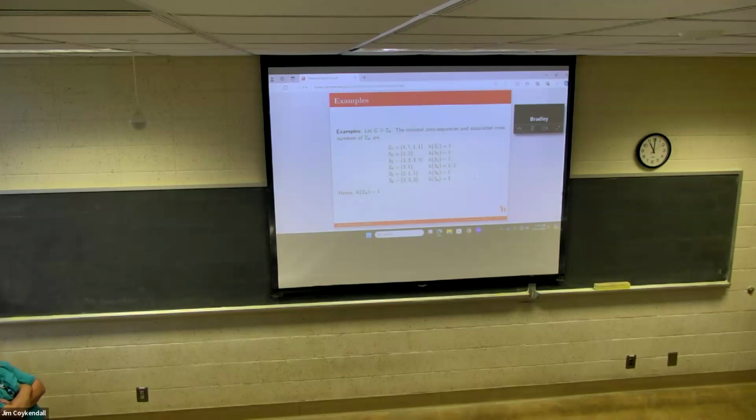So the cross number of Z4 is 1. The cross number of a group turns out to be 1 if and only if it is prime power cyclic. So this is prime power cyclic, it's 2 squared.